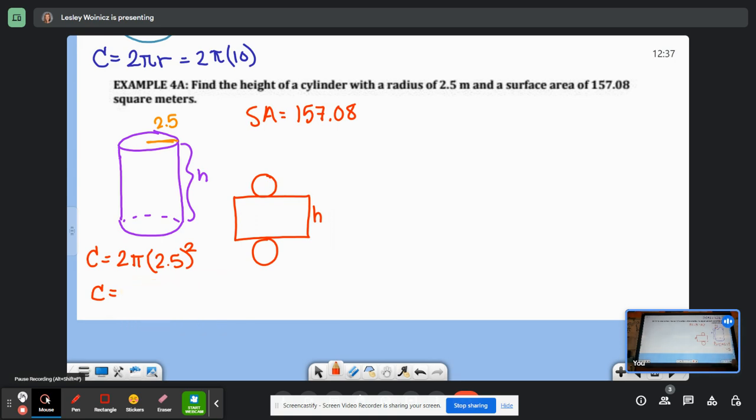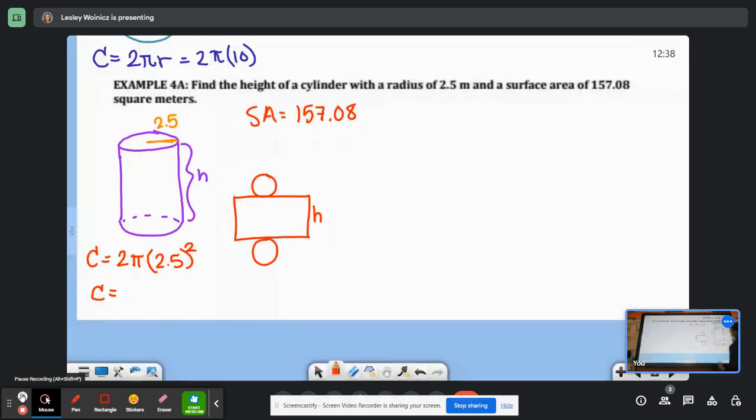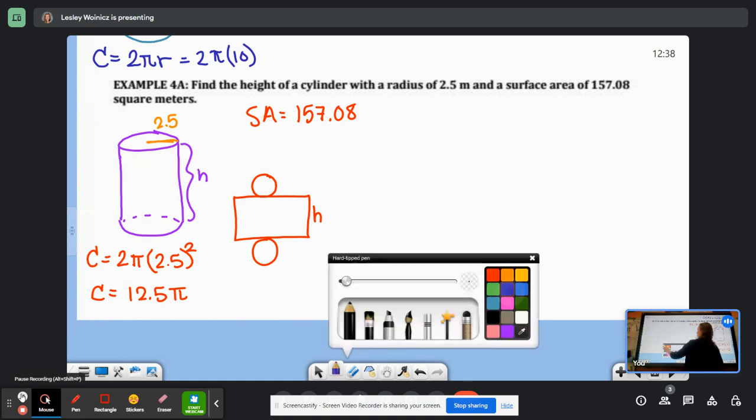What's 2.5 squared times 2? Okay, that's what I got too. All right, so 12.5 pi. Okay, so that's this bit.